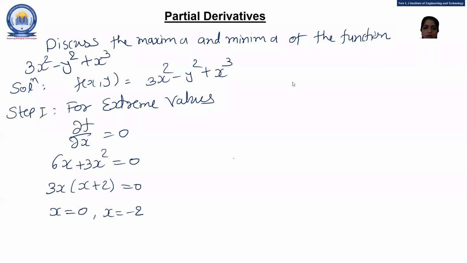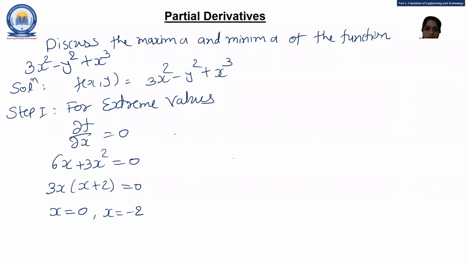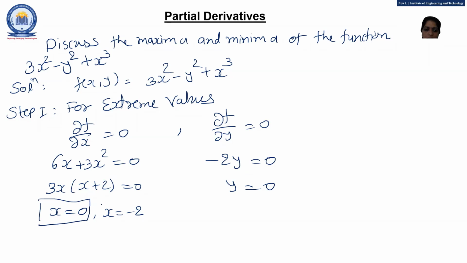And for del f by del y equal to 0, the derivative of f with respect to y is minus 2y equal to 0. So y equal to 0. Students, in this case we have two values for x and one value for y, so we have two stationary points.